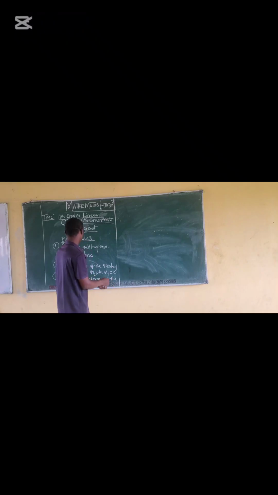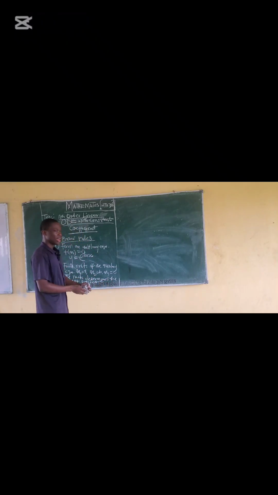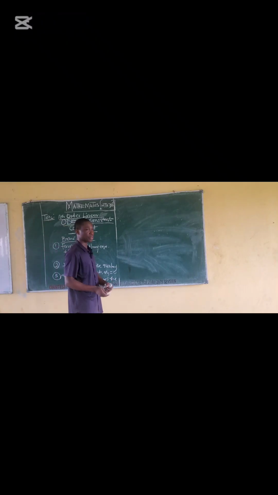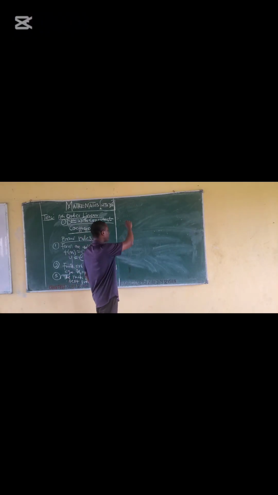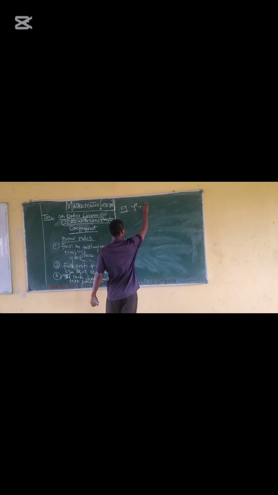So I've told you that you form an equation, and I gave you a basic expression for an auxiliary, a basic expression for a homogeneous equation. For example, let's say an example of a homogeneous equation: if I have y double prime, which represents the second derivative of y over dx squared, plus y prime, plus 3 equal to 0.